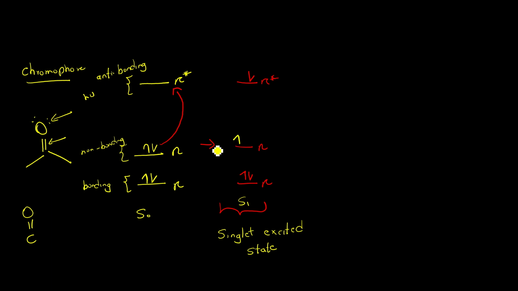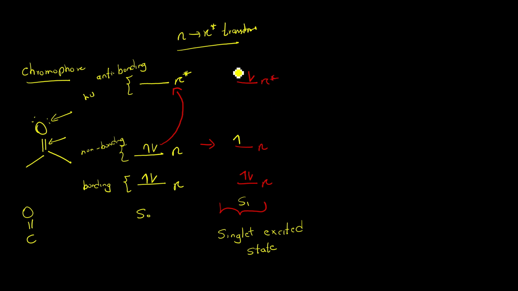Now if I ask you what is the transition in this excitation process, you can see our transition occurs from the non-bonding orbital to the anti-bonding orbital. So we call this transition an n to pi star transition.